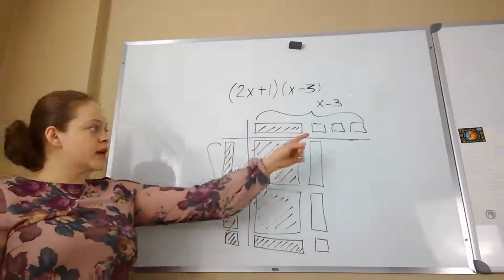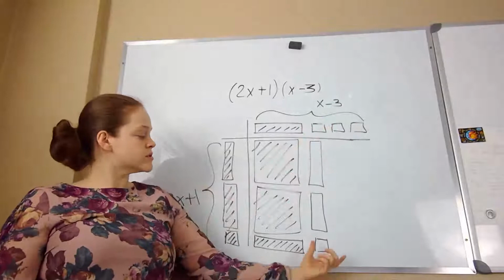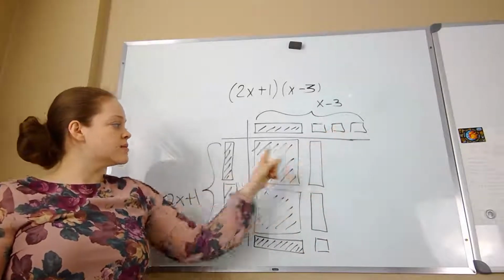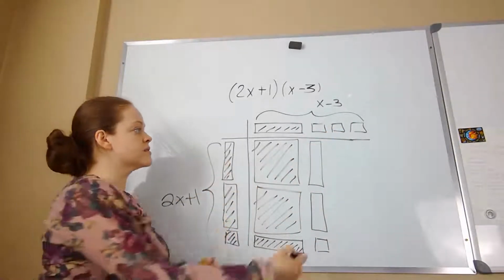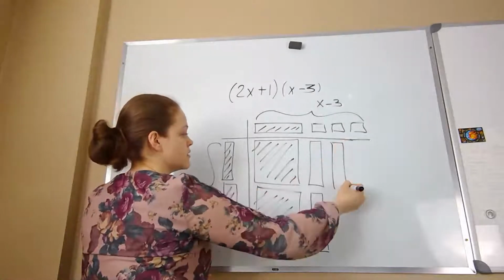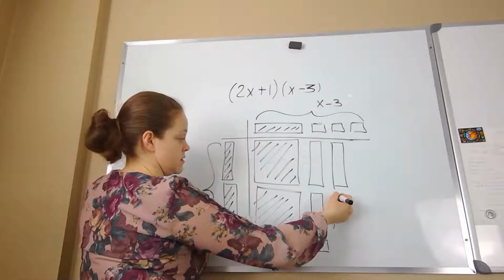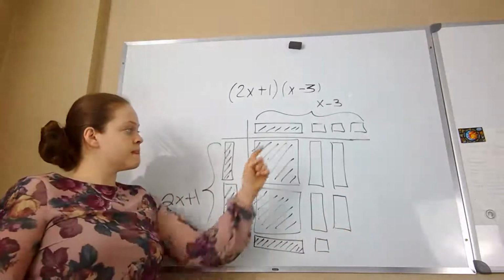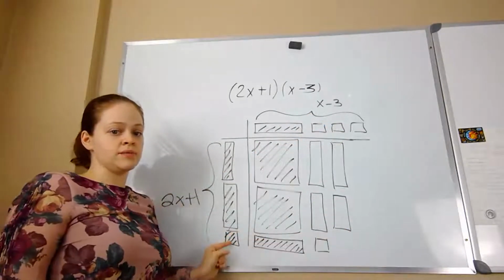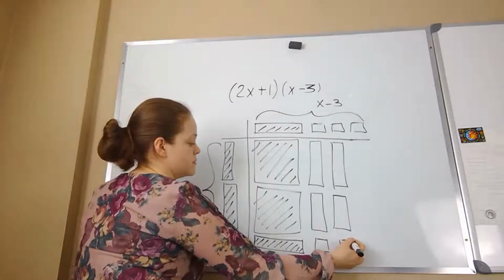We go again. And these are kind of all the same. So you can get a pattern here. Negative 1 times x is negative x. Draw that in. Negative 1 times x is negative x. Negative 1 times 1 is negative 1.